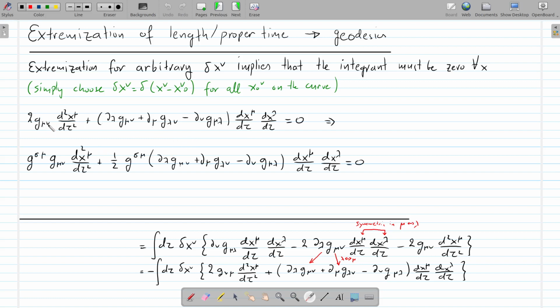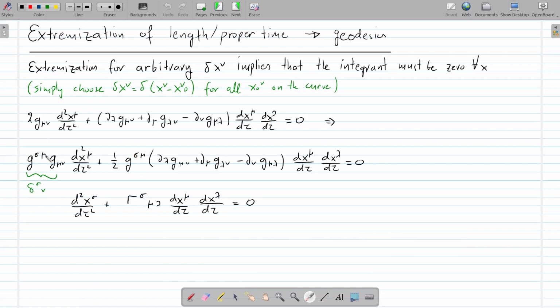So we will get rid of this g mu nu here to get the geodesic equation. We multiply with the inverse metric here, g sigma mu. So it acts here and there. But this is done so that this gives us a Kronecker delta, delta sigma nu, which will give us the second derivative of x sigma.